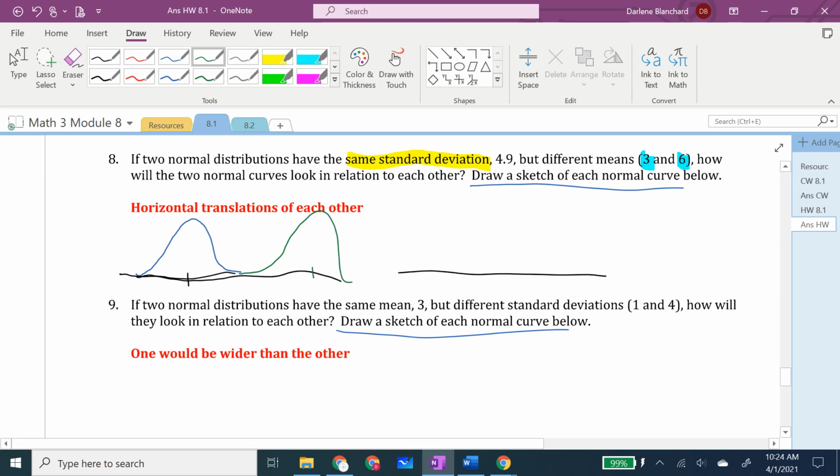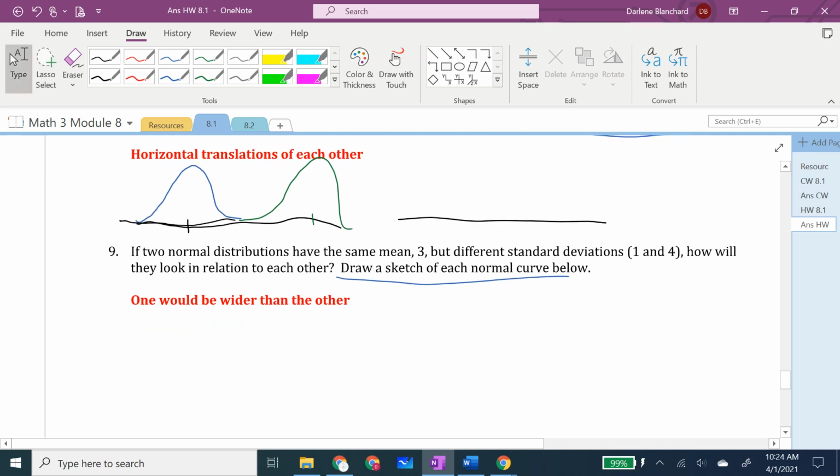And I was trying to draw identical. And then if you're drawing a sketch of a normal curve with different standard deviations, then you've got one that's like this maybe for standard deviation 1, but standard deviation 4 is going to be wider. If that noise made sense.